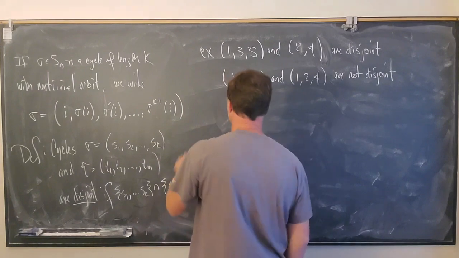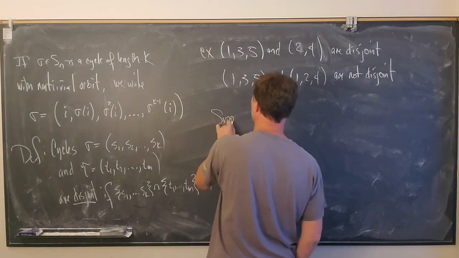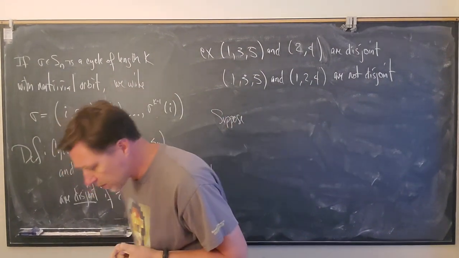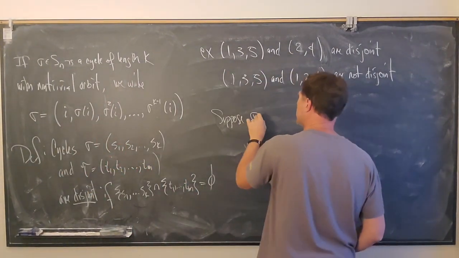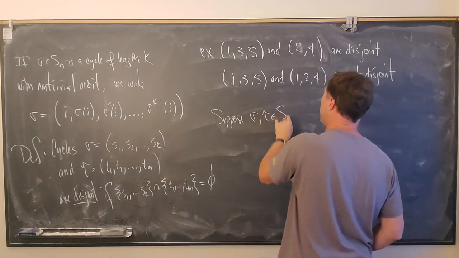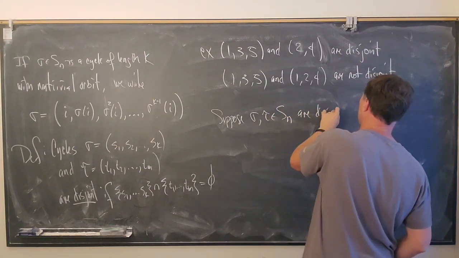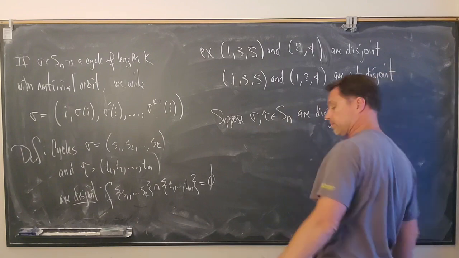So let's say we have a couple of disjoint cycles, sigma and tau. Suppose sigma and tau in S sub n are disjoint.